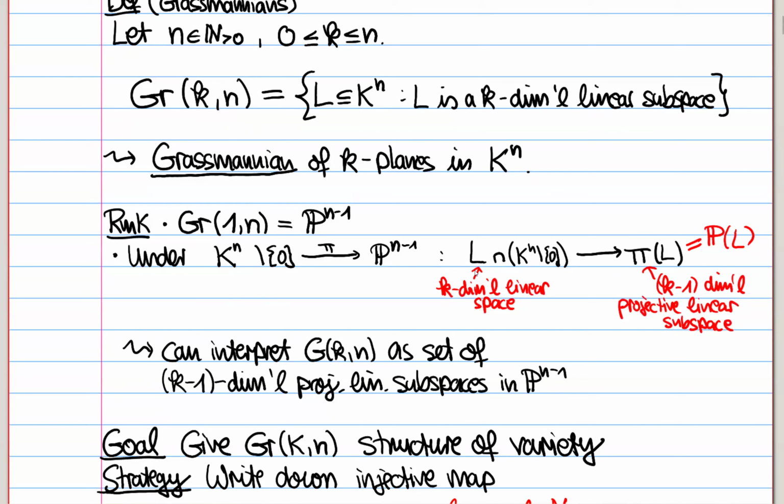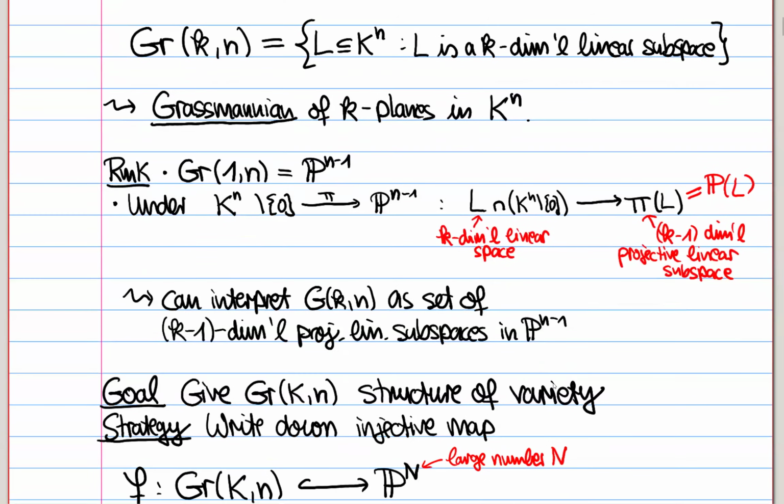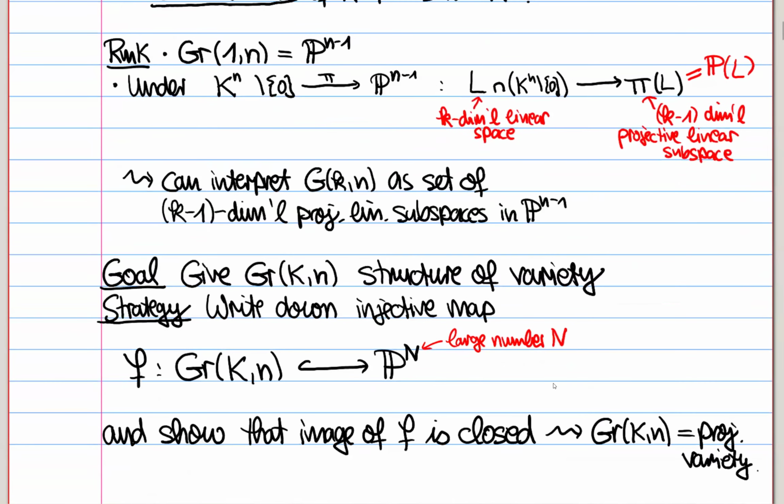So if you start with a k-plane, then you get a (k-1)-dimensional projective linear subspace. And this is basically a one-to-one correspondence. So you can also interpret Gr(k,n) as the set of (k-1)-dimensional projective linear subspaces inside projective space. So I either see it as k-dimensional spaces in the vector space or as (k-1)-dimensional spaces in this projective space. And our goal here is to give this the structure of a variety.